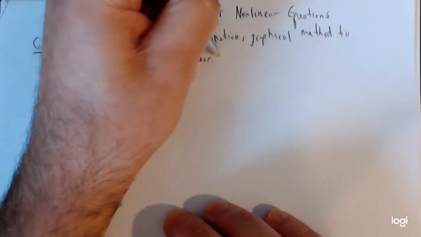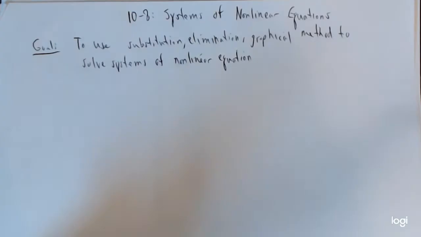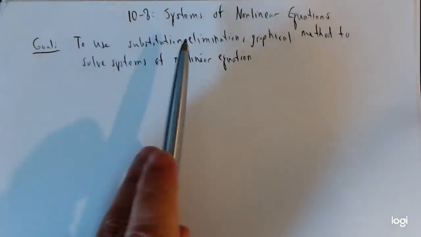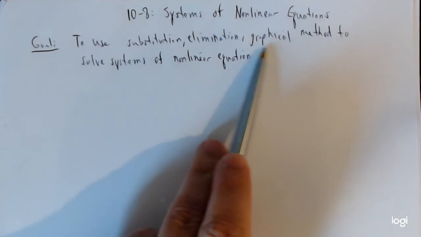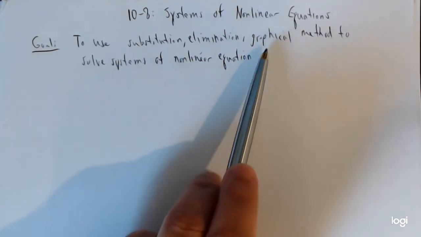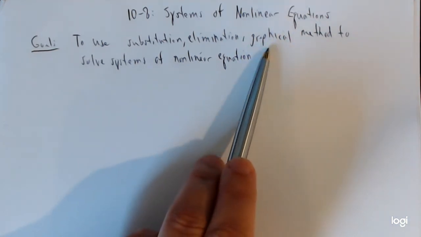So what we're basically going to get into here is that you'll notice the process, substitution, elimination, and graphical, we're not going to really talk about examples of the graphical method. With the graphical method, we already know that you would need to graph this on maybe some graphing utility, and then all you need to do is find the point of intersection.